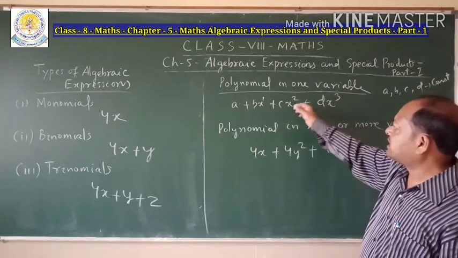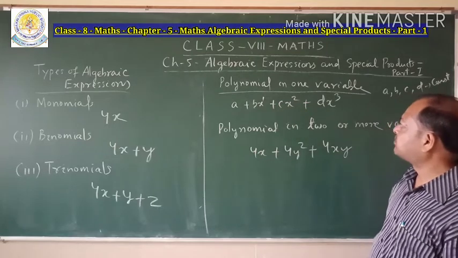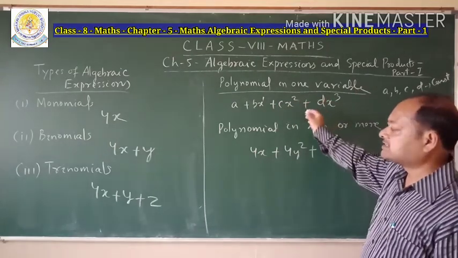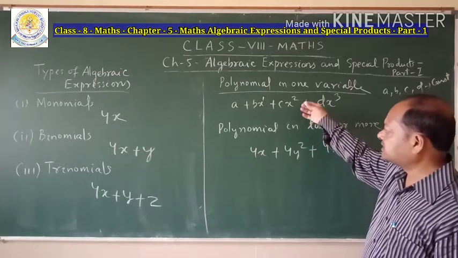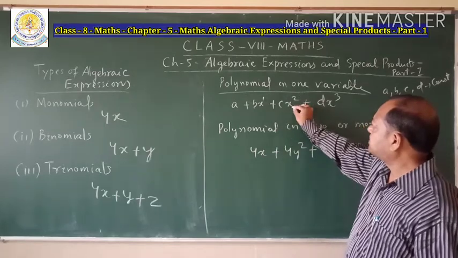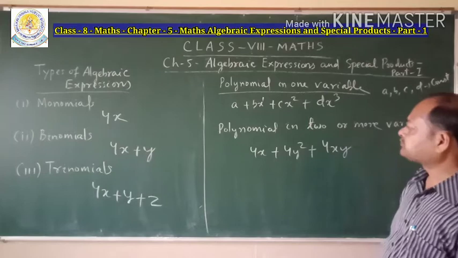That means the same variable having more than one power or exponent is called a polynomial in one variable. And what is the degree here? The highest power is the degree. X power is 3 here, so the degree is 3.